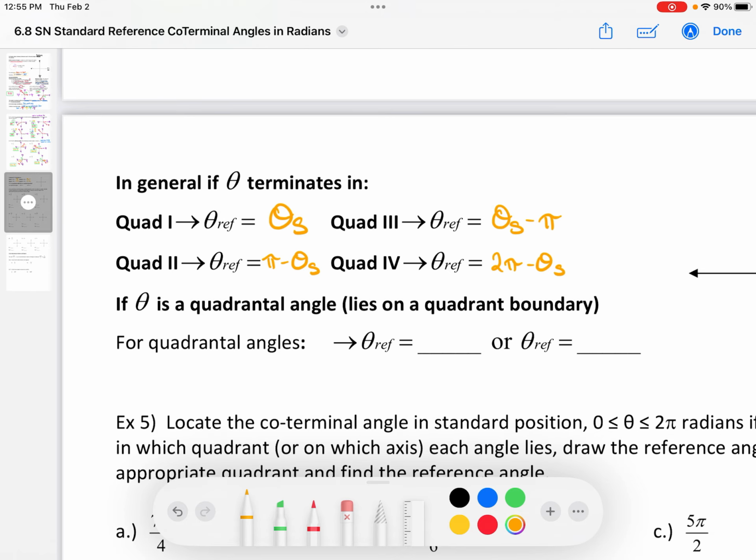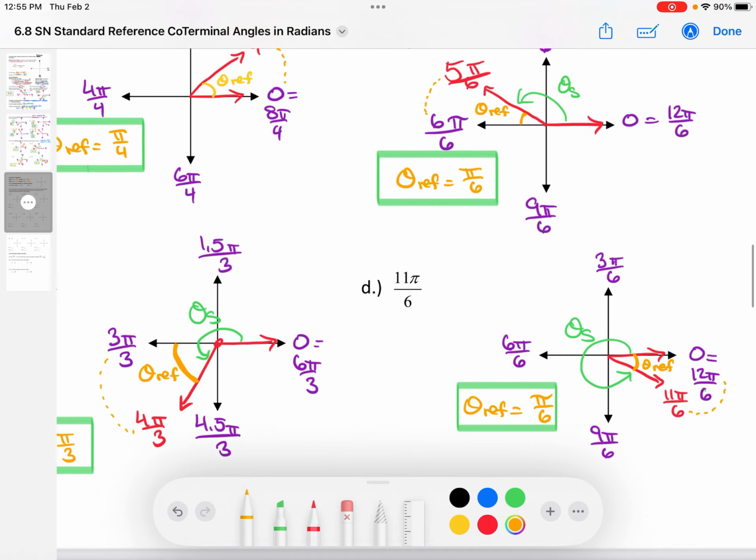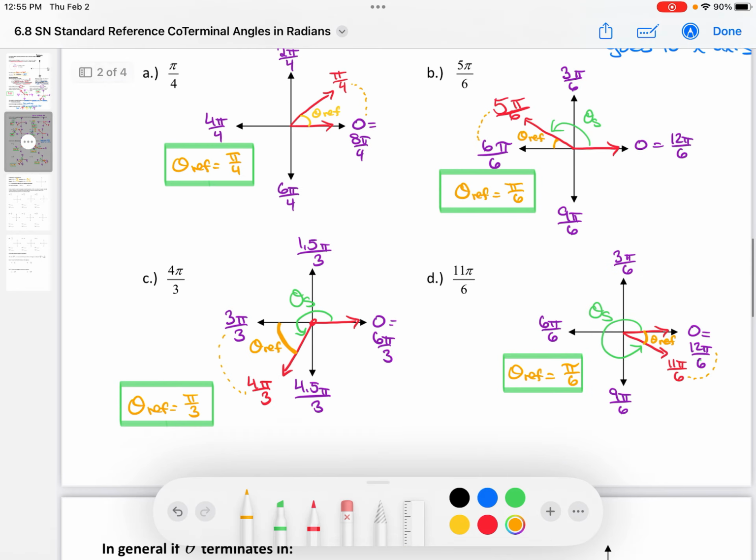Okay, those are the formal formulas. You don't necessarily have to use them that way, but you can. Now, if you look at all of the standard angles versus their reference angles, pi over 4 stayed pi over 4. 5 pi over 6 became pi over 6. 4 pi over 3 became pi over 3. 11 pi over 6 became pi over 6.